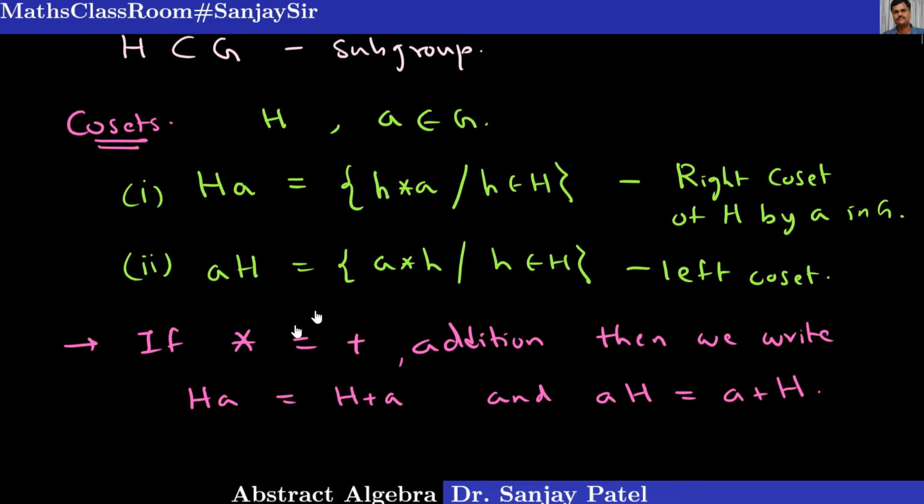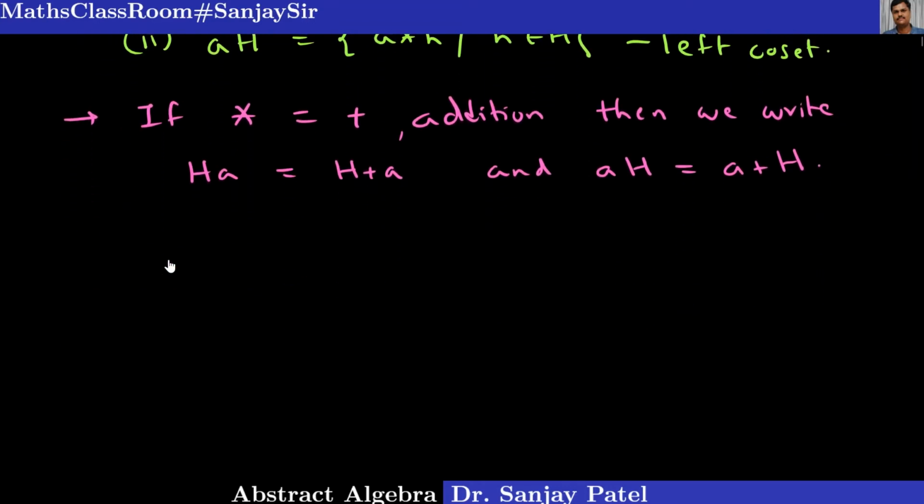Okay, and we know that for a given element A in the group G, the left coset and the right coset, these two are different sets. They may or may not be equal.